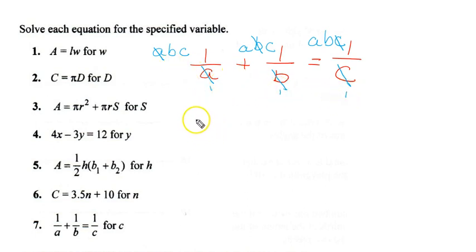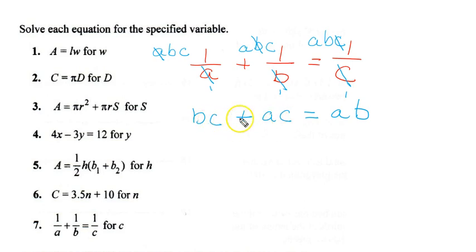And I rewrite it. I now have b, c for this term, plus a, c for this term, equals a, b. Now here is where we have to do a little manipulation. We have c in 2 terms.